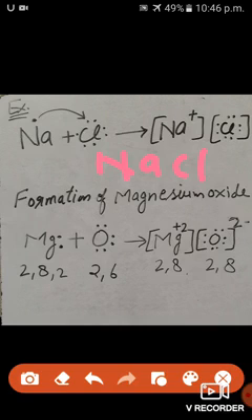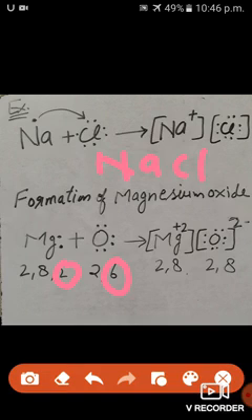Now we have another example, the formation of magnesium oxide. The atomic number of magnesium is 12, which we can split as 2, 8, 2, and oxygen has atomic number 8, which is 2, 6. So magnesium has 2 valence electrons and oxygen has 6 valence electrons.